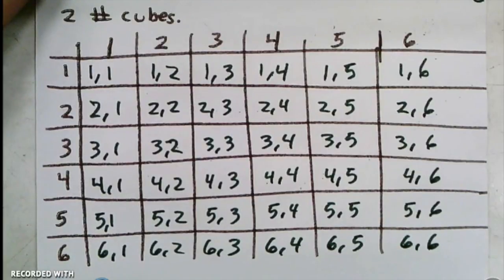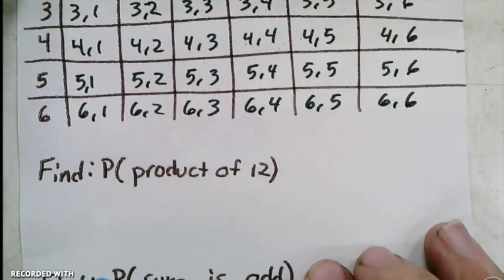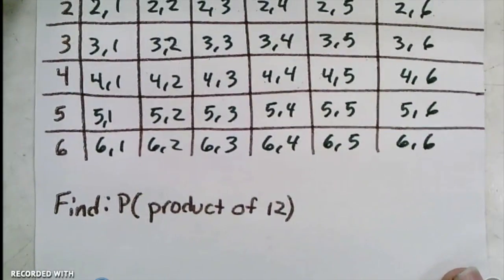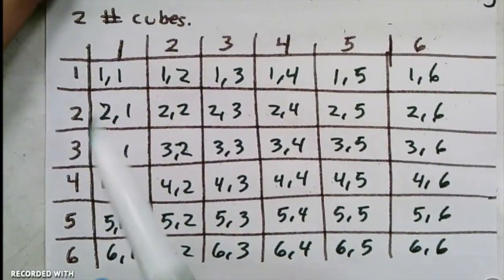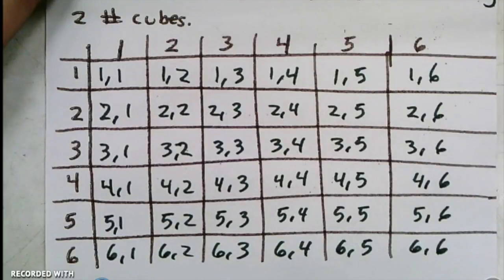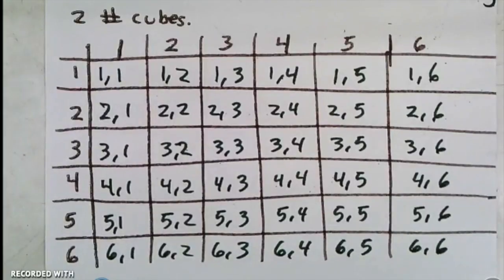All right, now that I have my sample space filled in, and you should do the same, I can answer these questions. So it says, find the probability of getting a product of 12. Remember, product is times. So I'm going to look through this, and I'm going to look for any ones that show me a product of 12. Let me get a different color.